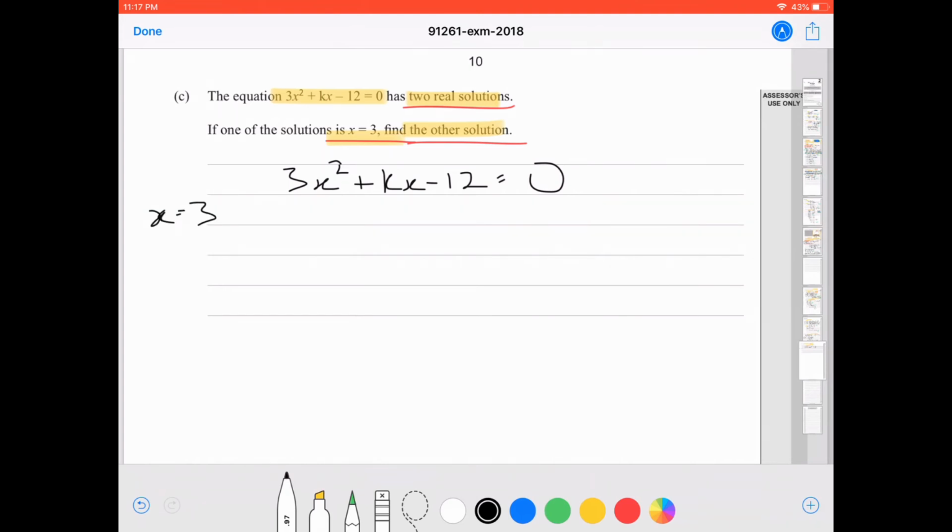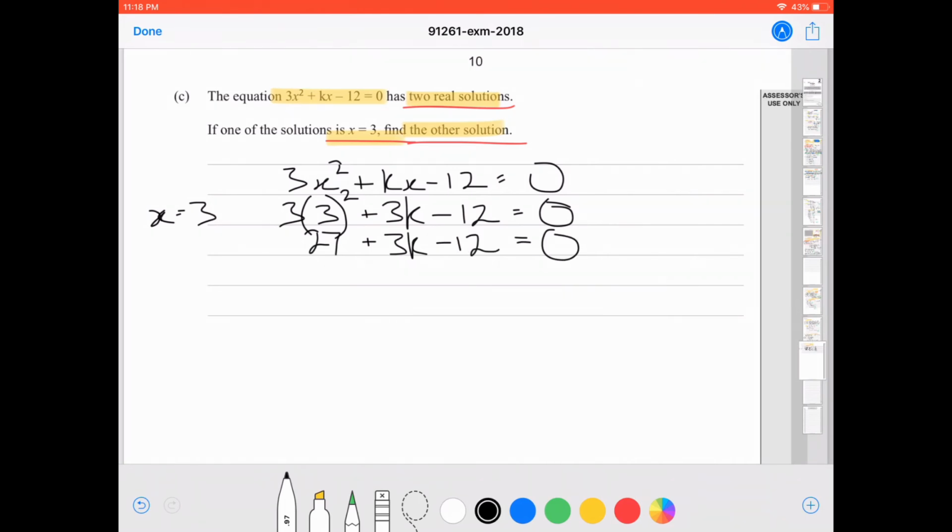So we can say 3 times x is 3, so 3 squared plus 3k, right? Minus 12 equals 0. And so just tidying this up, we've got 3 times 9, which is 27. 27 plus 3k minus 12 equals 0.